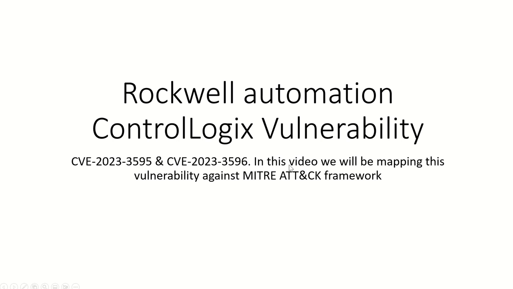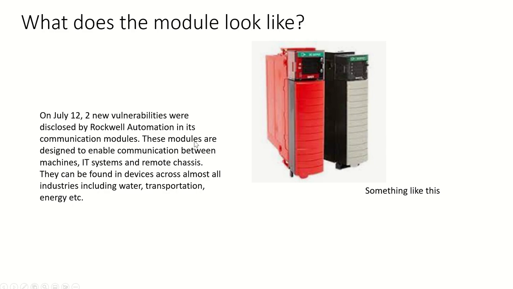And in this video, we will be mapping this vulnerability against the MITRE ATT&CK framework. So on July 12, two new vulnerabilities were disclosed by Rockwell Automation in its communication modules. These modules are designed to enable communication between machines, IT systems, and remote chassis.